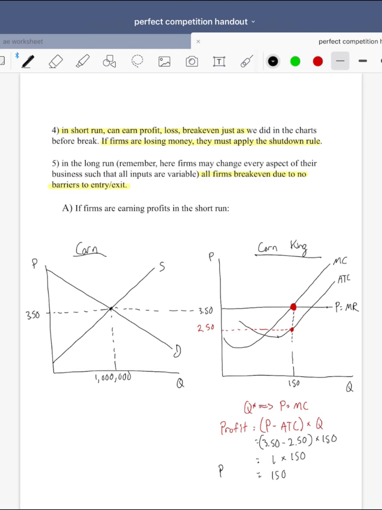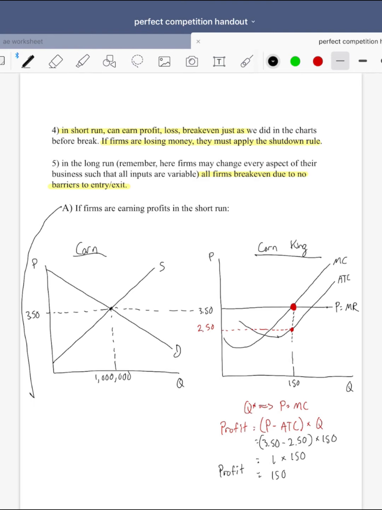Now, the other way that you could find profit is total revenue minus total cost. But that'll take an extra step. So let's just do price minus average total cost times our quantity.